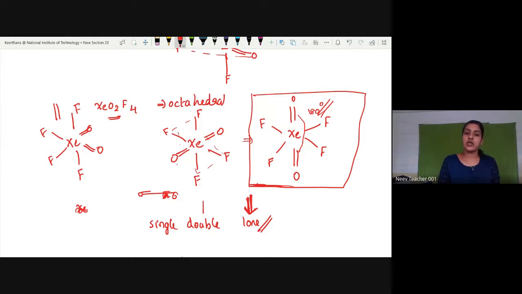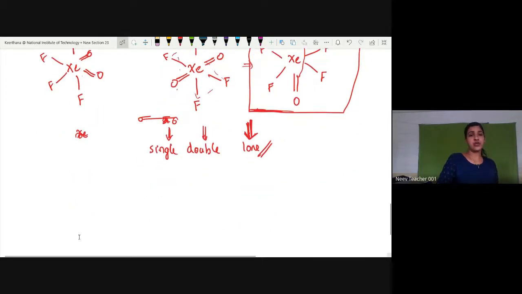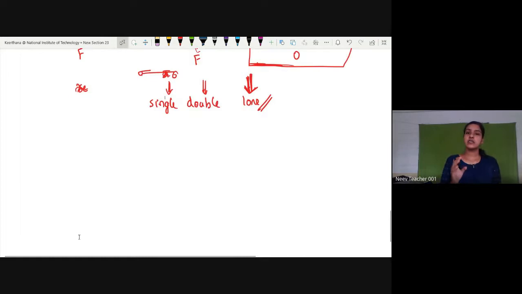Then you should concentrate on double bonds. Only then will we arrange the sigma or single bonds. So this is the case of lone pairs, and the other case is multiple bonds.